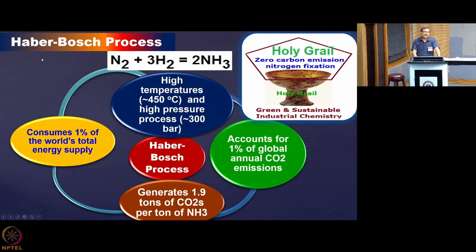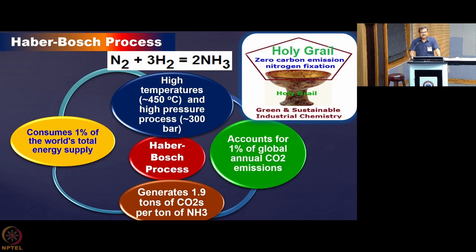So, at the basis, the Haber-Bosch process produces ammonia, and from that you are converting it into urea, NH2CONH2, and that process requires high temperature and very high pressure, consumes a huge amount of the world's total energy supply, and produces 1% of the global CO2 emission.